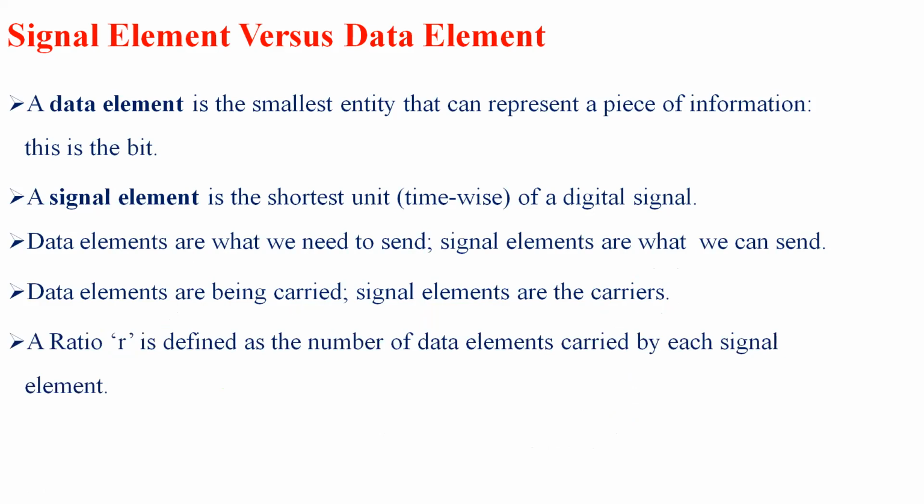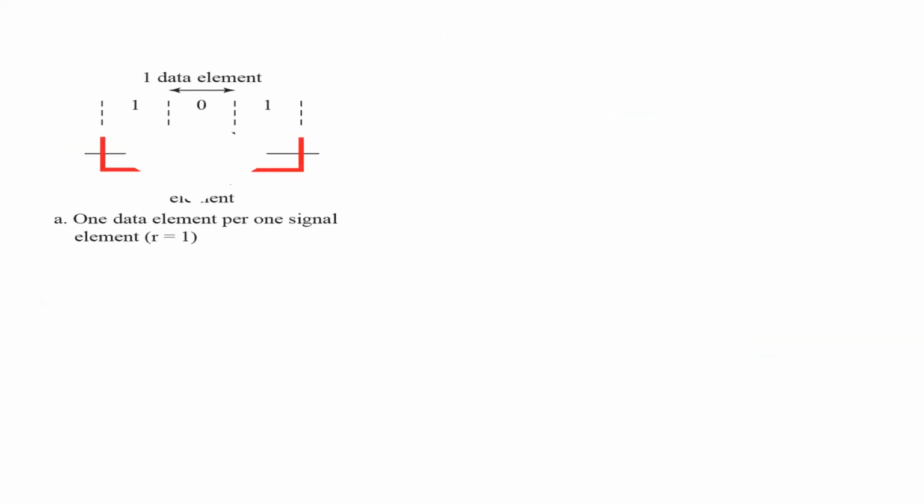In order to relate data elements and signal elements, there is a ratio. The ratio R is defined as the number of data elements carried by each signal element. In the first diagram, the ratio R is 1.